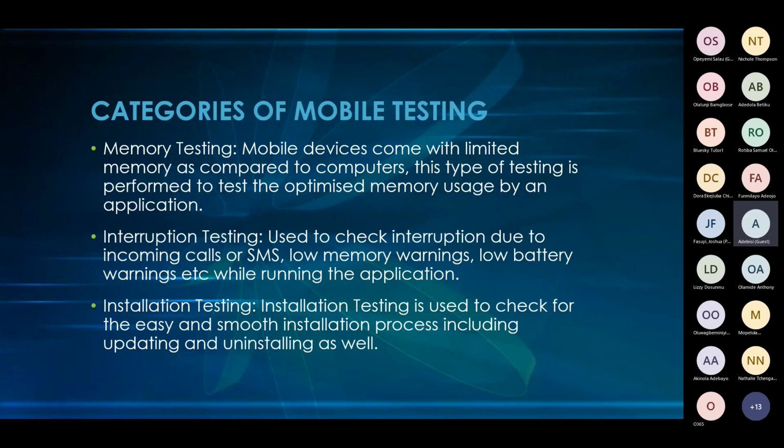This is a must that we need to test as a mobile tester, because if your application is taking ages to install, people will not love using it, and we know how that will cost the company. Or if they want to update anything, it's taking them 100 days, or if they want to uninstall, it's giving them so many issues and they can't just press and uninstall, then that application needs to be checked.